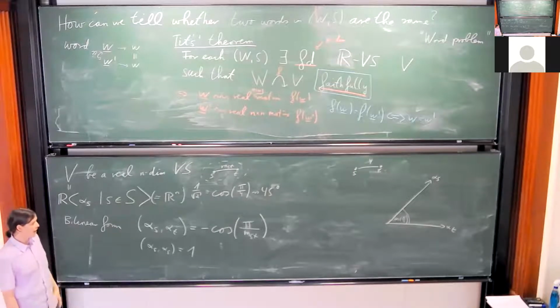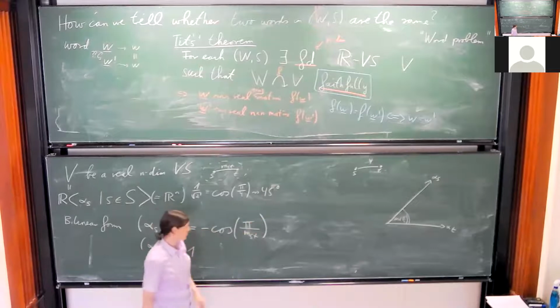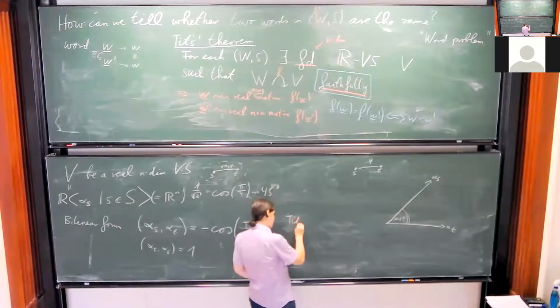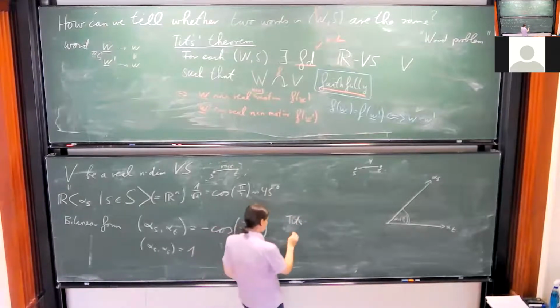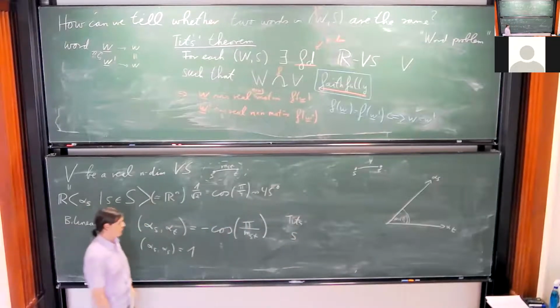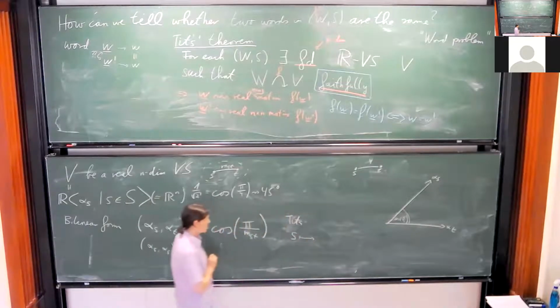And now I claim something we would need to check, but I will make this in a second. So what Tietz actually did is Tietz says now the following. Well, my generator S of my Coxeter group can act by the following operation.